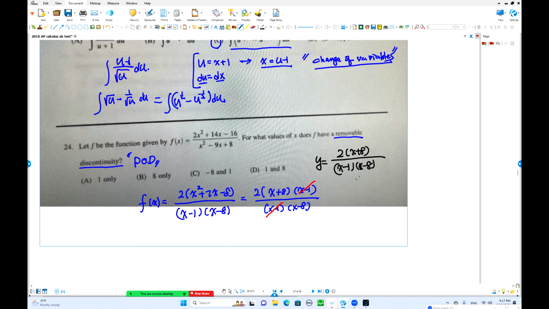There are two vertical asymptotes, x equals 1 and x equals 8. Are you okay with this? Yeah. But we have a common factor over here, x minus 1 cancelled out. So x equals 1 is not a vertical asymptote anymore. Instead of a vertical asymptote, we create a hole.